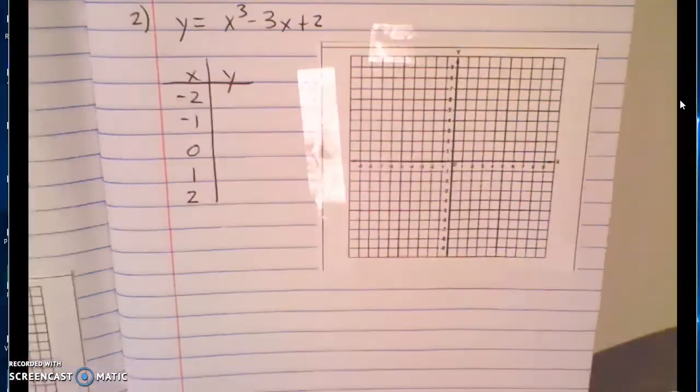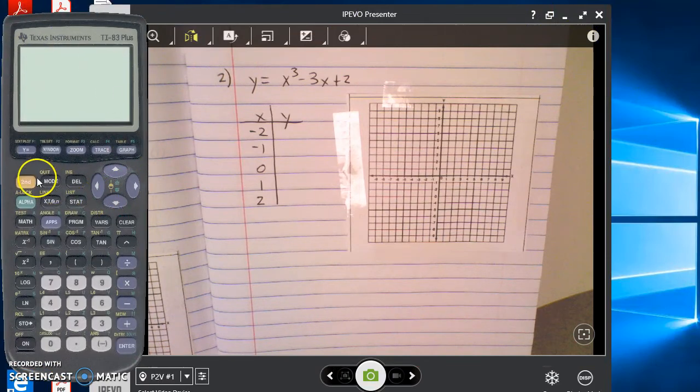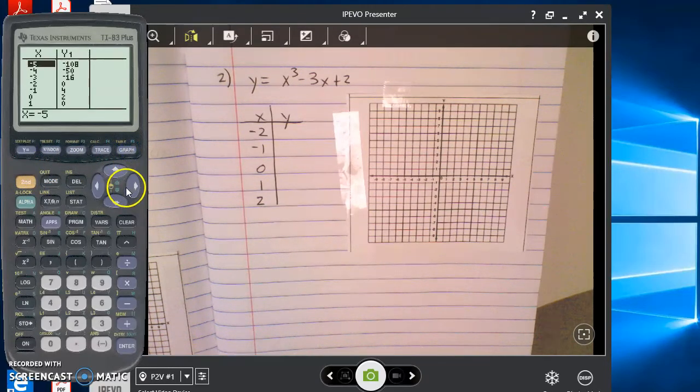Okay, so same thing. I'm going to bring up my calculator. Hit y equals. Turn it on first. Hit y equals. We'll clear out the old one. I'm going to type in my new equation: x to the third minus 3x plus 2. Hit graph so I can get a sense of what it looks like. Second graph to get the table, and I'm starting at negative 2.